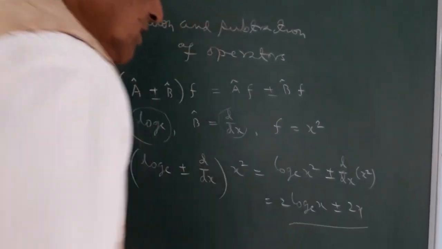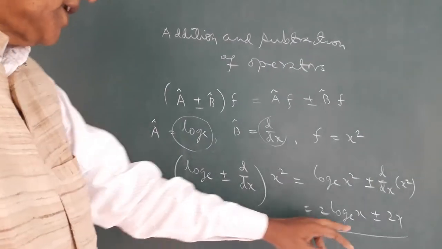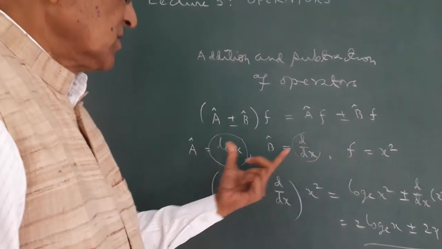This is the final result of the sum of the log e and d by dx operators on the function x squared.